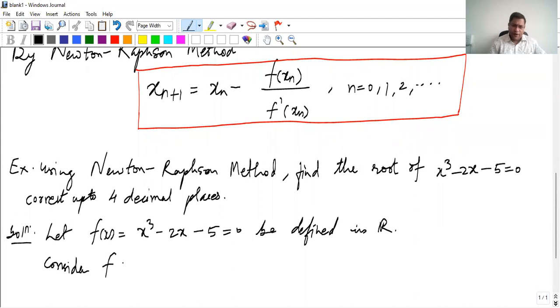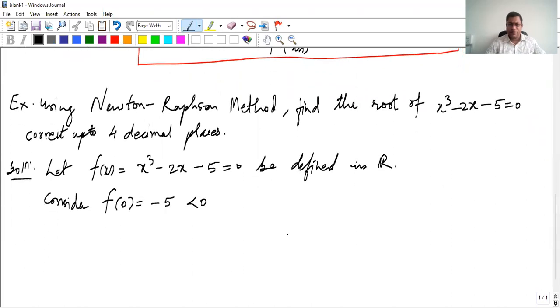Consider x equal to 0. What am I able to get? Minus 5, so this is less than 0. Now f of 1: 1 minus 2 minus 5, that is 1 minus 7, so it is minus 6, again less than 0.